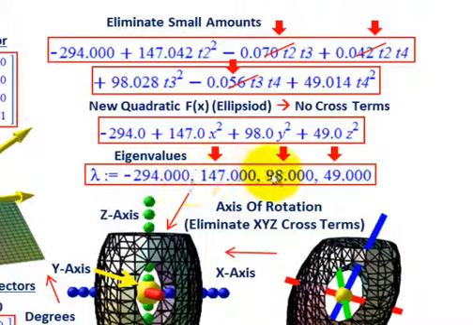So you can see the eigenvalues that we calculated now match our new formula. And we just eliminated those cross terms because they're a very small amount. So you no longer have any cross terms, and your eigenvalues actually match our new quadratic equation here. X squared, y squared, z squared, no cross terms.